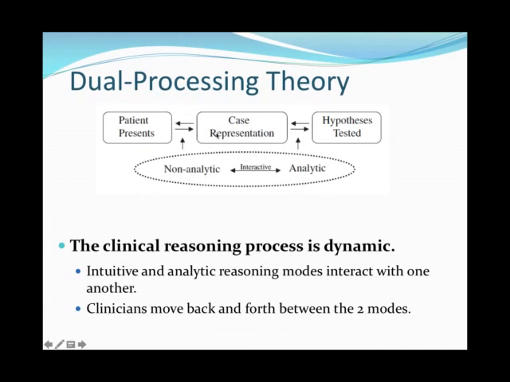So a lot of times, a patient presents with a problem, we have a first thought about it, and so we have a way we're thinking about the way that we're representing the case, and then we might start thinking about specific ways that we can verify whether this case is true or whether it's not true, and that might be done more analytically.